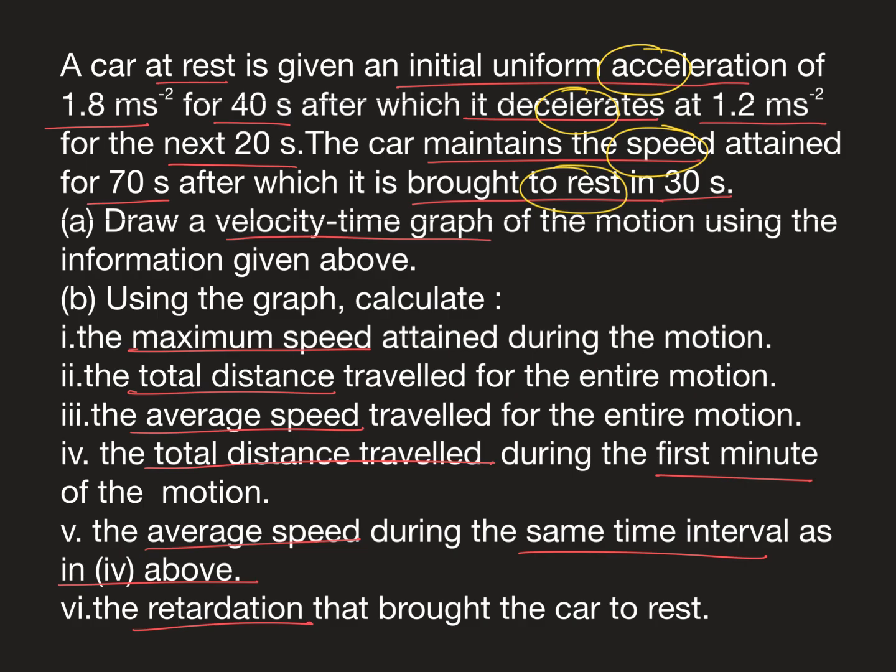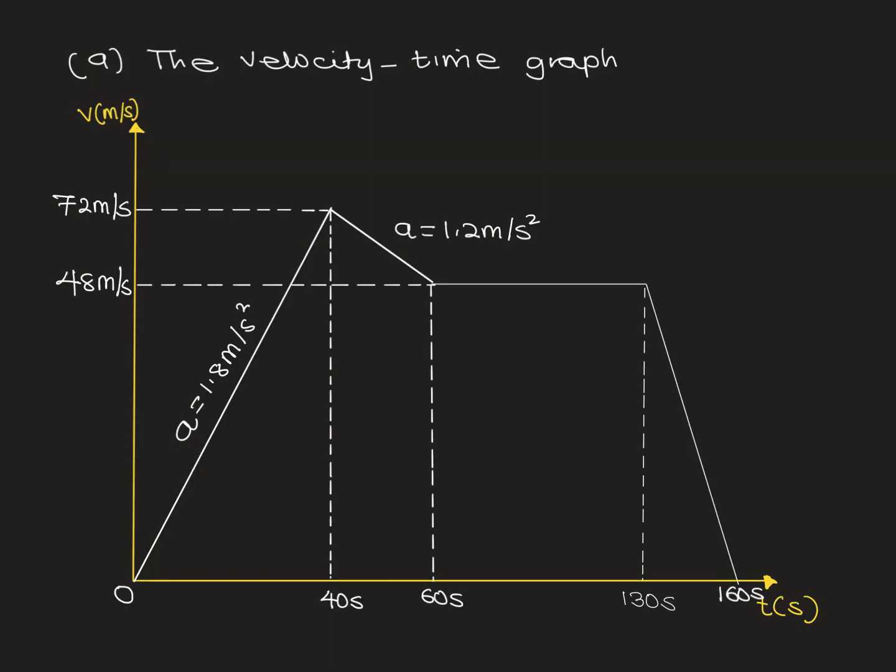Moving on to question B, it asks us to use the graph to calculate the maximum speed attained during the motion. So looking at the graph, we can clearly state that the highest speed or the maximum speed attained during the motion was 72 meters per second.